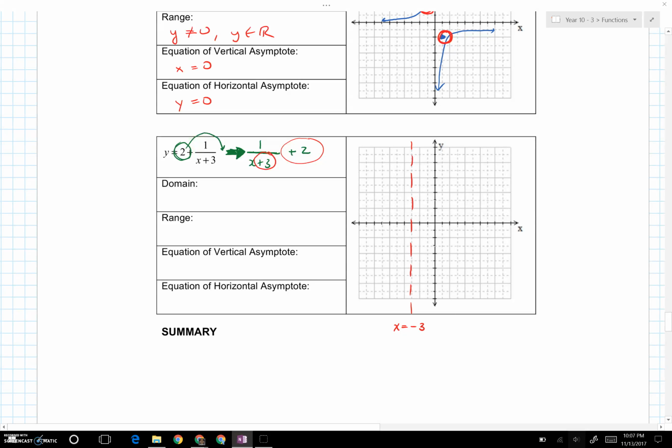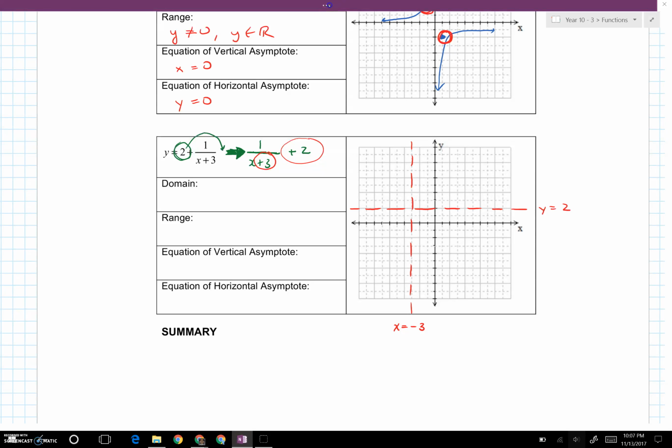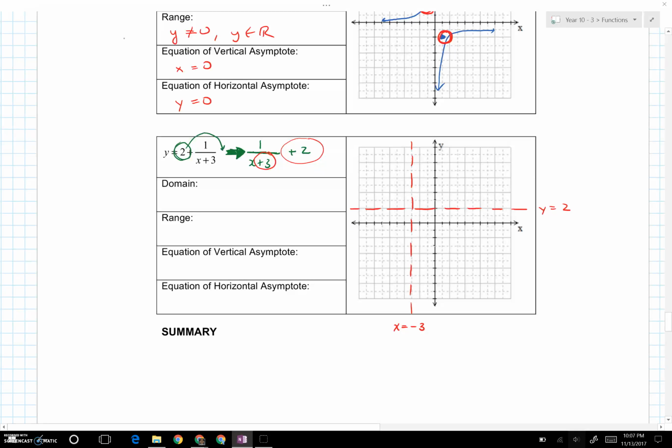And if everything went 2 up, that means my horizontal asymptote that was at 0 is now at y equals 2. Because there's no stretch factor here, I can simply understand that my normal point, which is at (1, 1), got transformed also 3 to the left and 2 up. And my other lovely point, which was at (-1, -1), is now here, 3 to the left and 2 up.